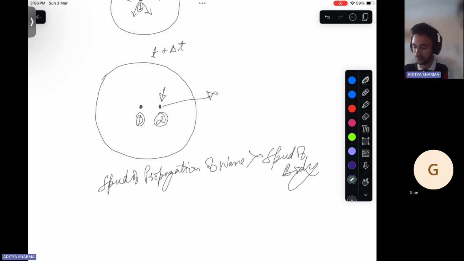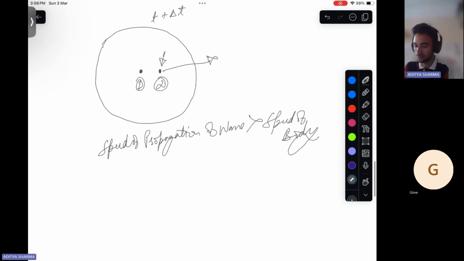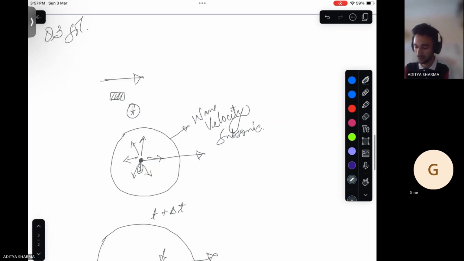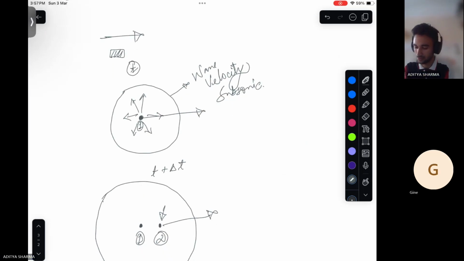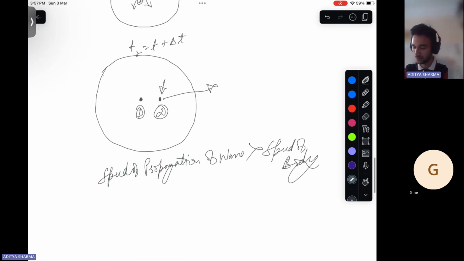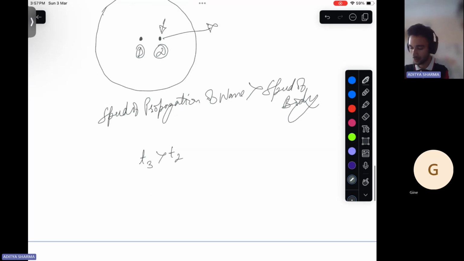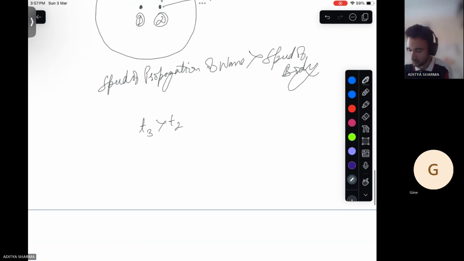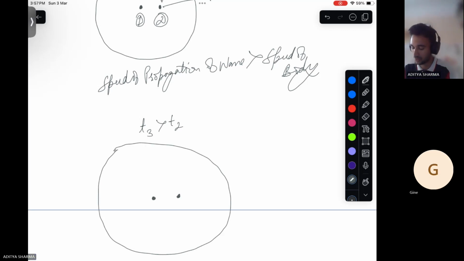So if at delta t it is reaching this point, let's say this is t1 and this is t2, and there is another further point t3 where t3 is greater than t2. There are these two points, so the disturbance for the first will again increase, so there will be another bigger circle.